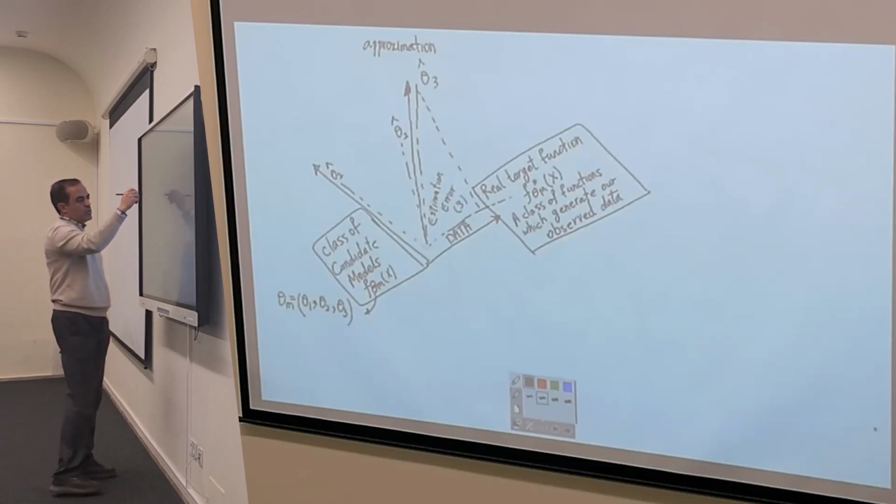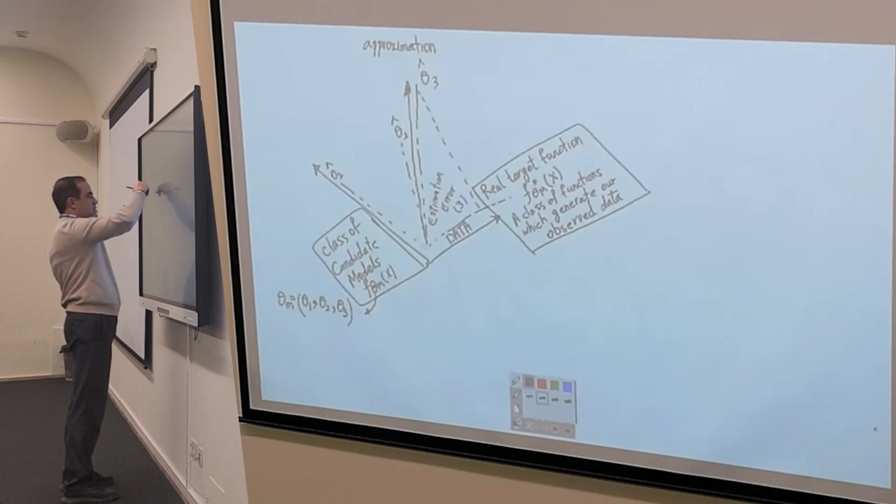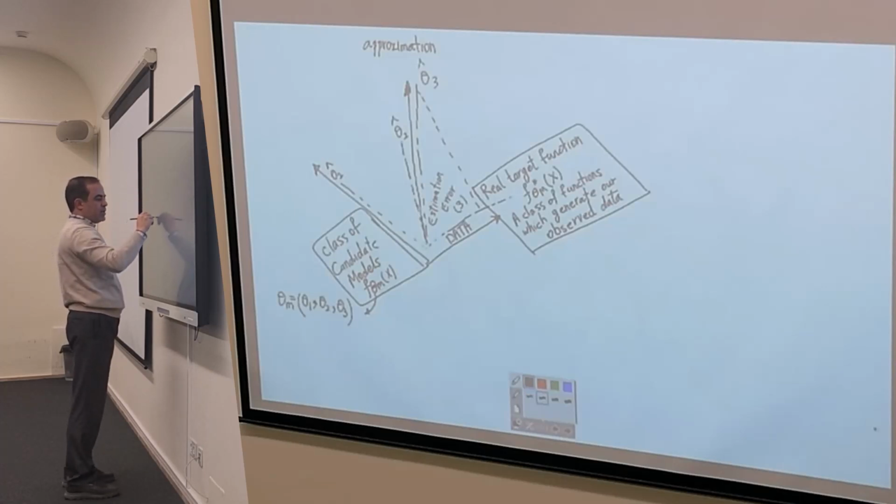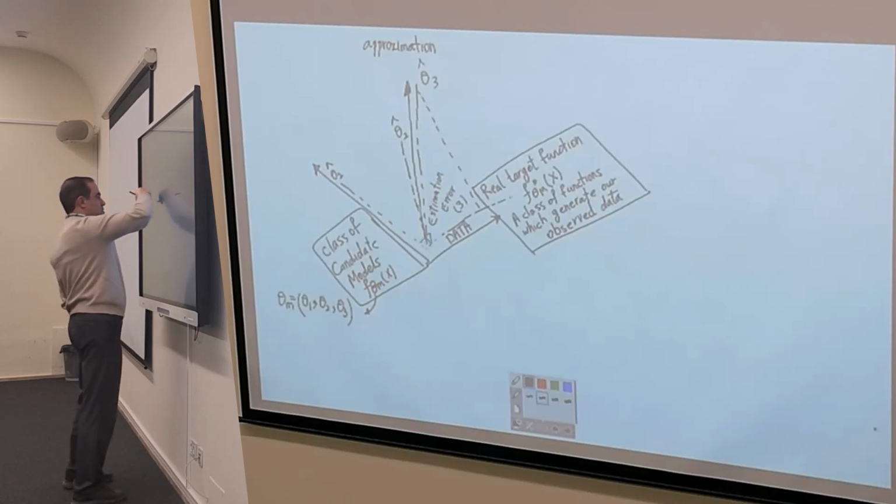I have also the estimation error for theta 2. So I have this distance from my hyperplane to theta 2, okay? They are all orthogonal. So this is the estimation error also, but this one for number 2.